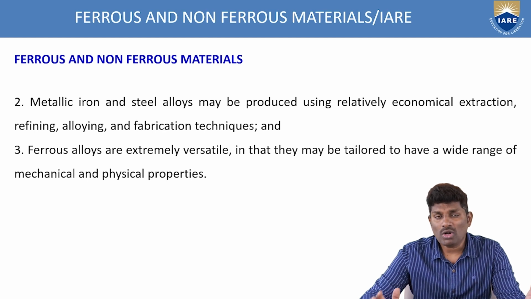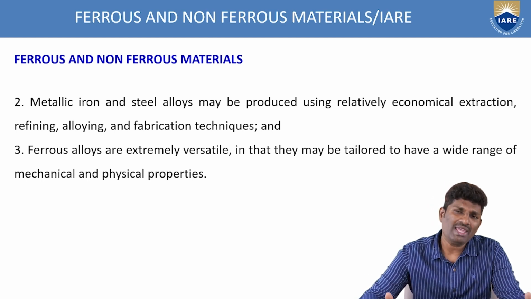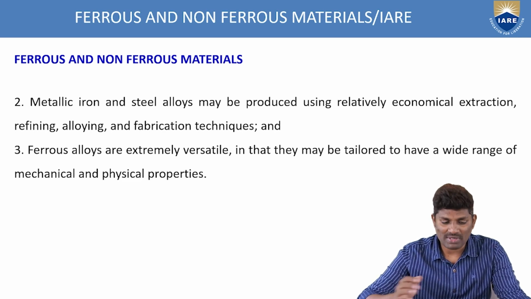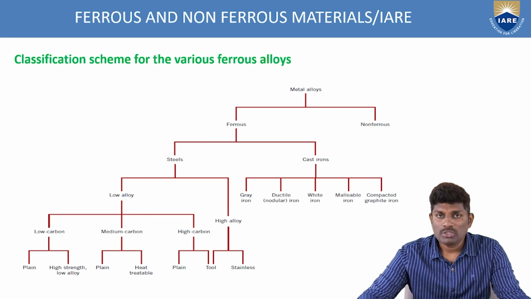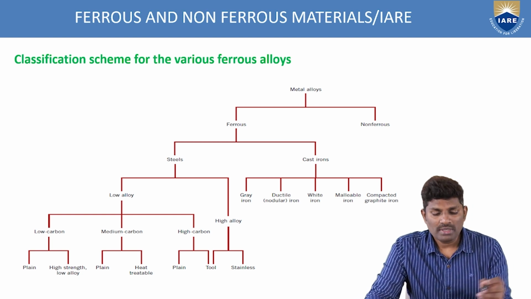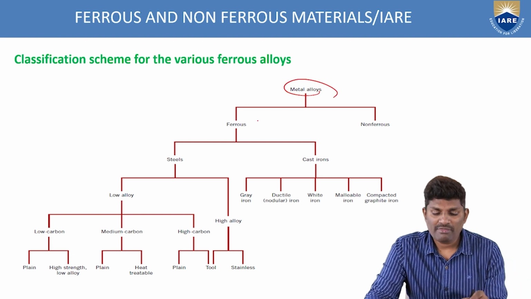So not only is the availability very good, but also the flexibility of manufacturing. Apart from this, they are extremely versatile; they can be tailored or manufactured in any form, and you can enhance properties such as mechanical and physical properties. If we look at the classification, metal alloys are classified into two categories: ferrous and non-ferrous.